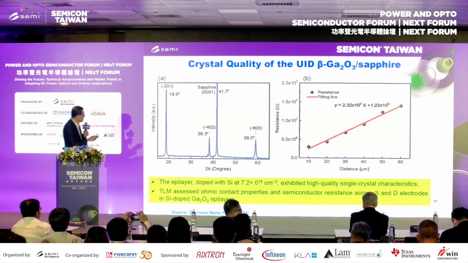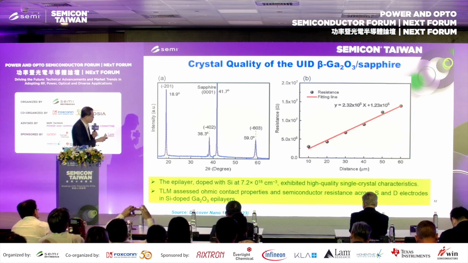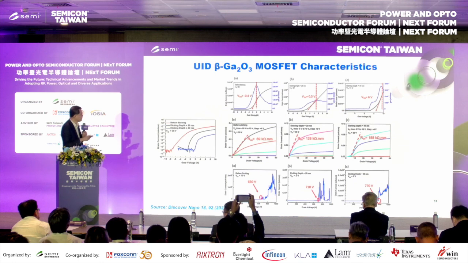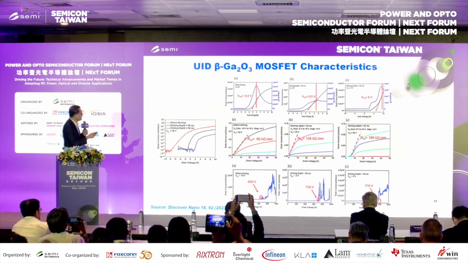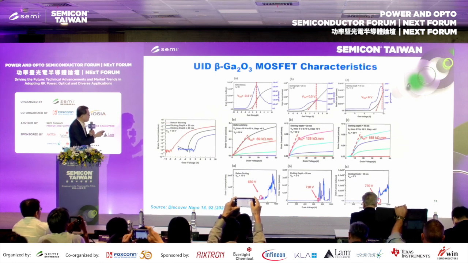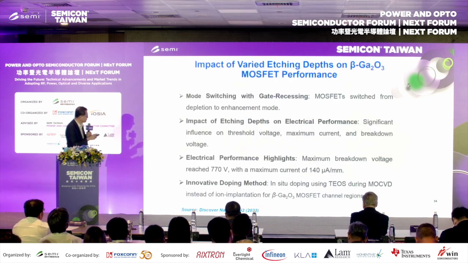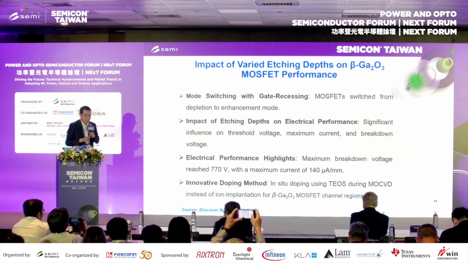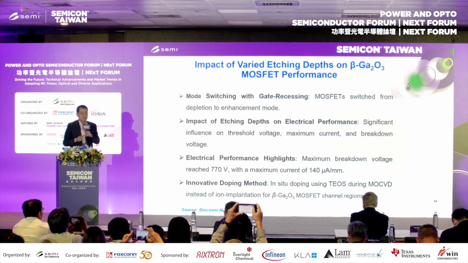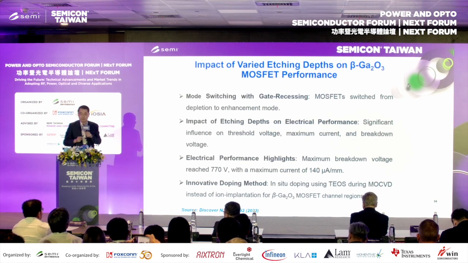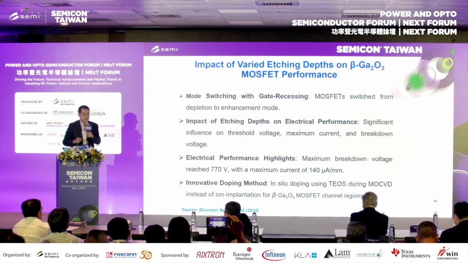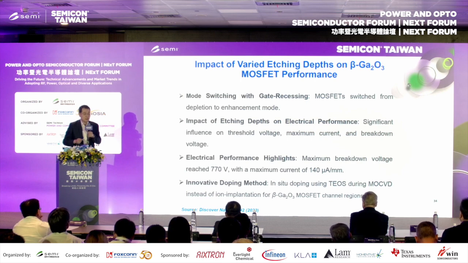If the UID thickness increases, we can also have better crystallinity. And this is the IV curve for different UID with the MOSFET. The most important is the impact of various etching depths on the beta phase gallium oxide MOSFET performance.